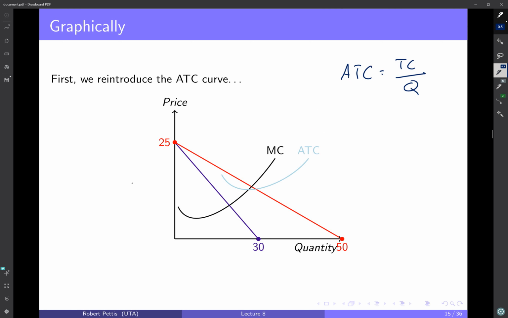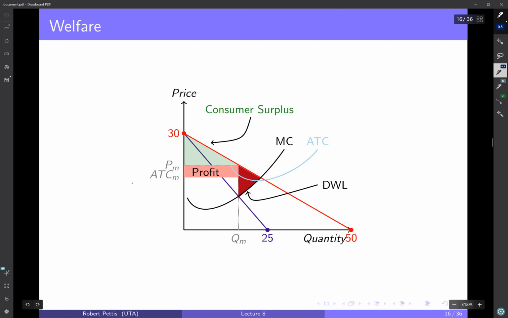Okay, so why are we adding this back in? Well, it turns out this is going to make it a lot easier for us to calculate profit visually. We should remember that profit, I'm just going to call that pi here, is equal to the revenue minus cost.